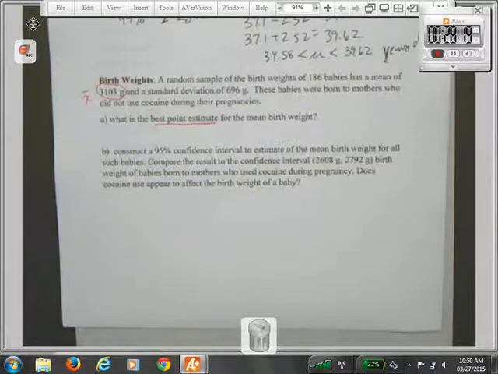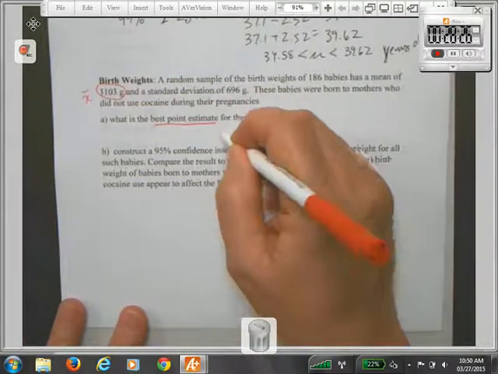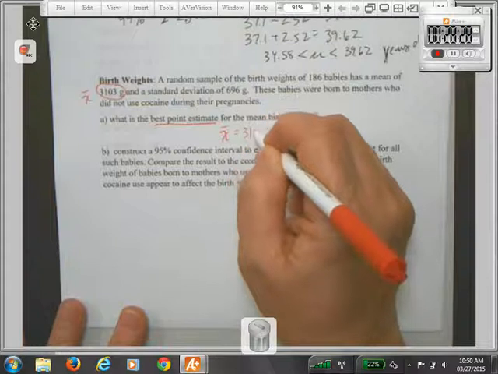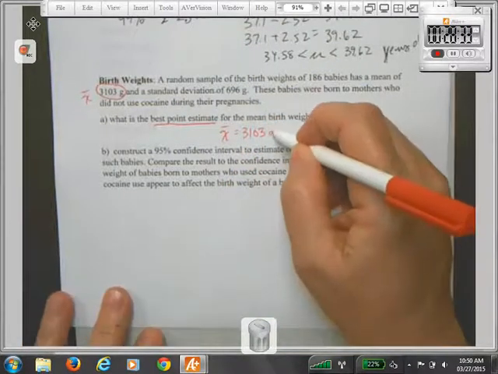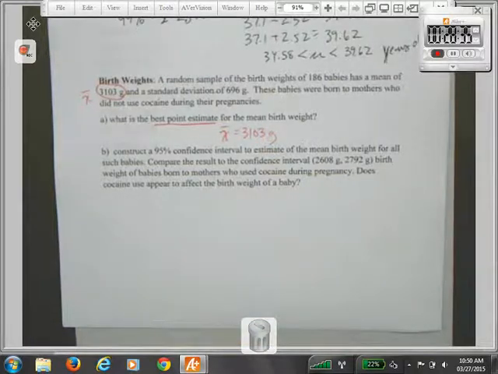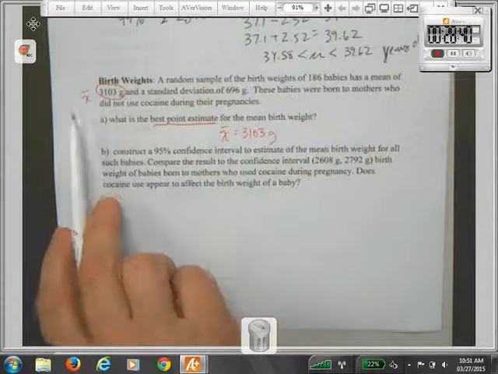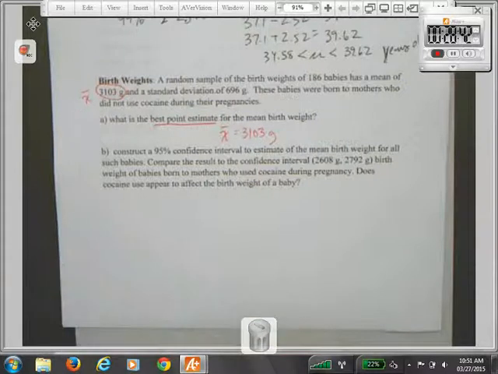So they're just calling the sample statistic a point estimate here. So the best point estimate is X bar, which equals 3,103 grams. And you just pull that out of the problem. I just want you to get used to that language. Last class it was P hat that was the best point estimate for the proportion. Okay, and now we'll construct the interval and answer their question.